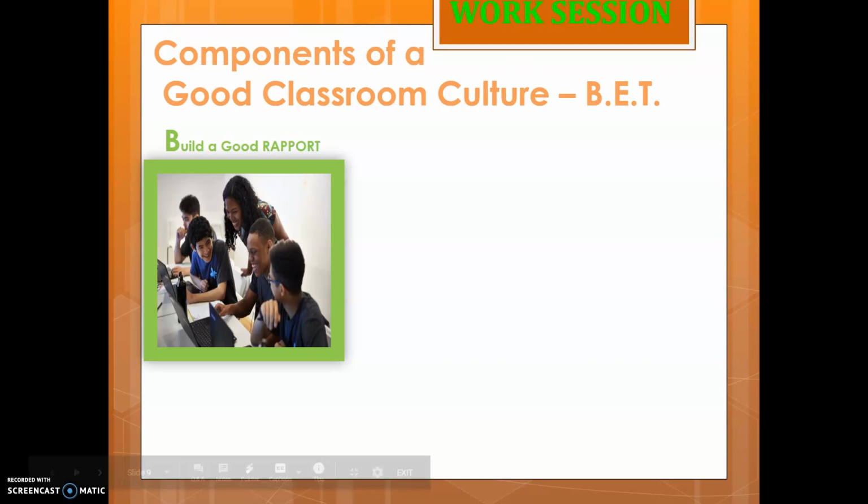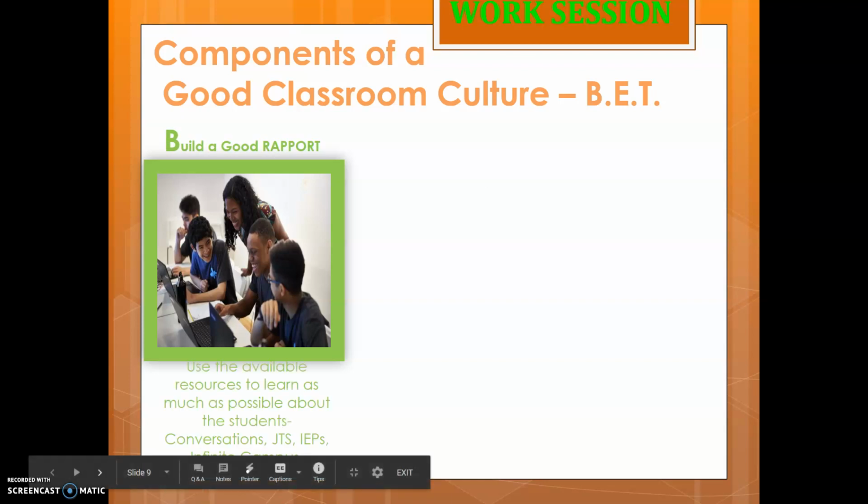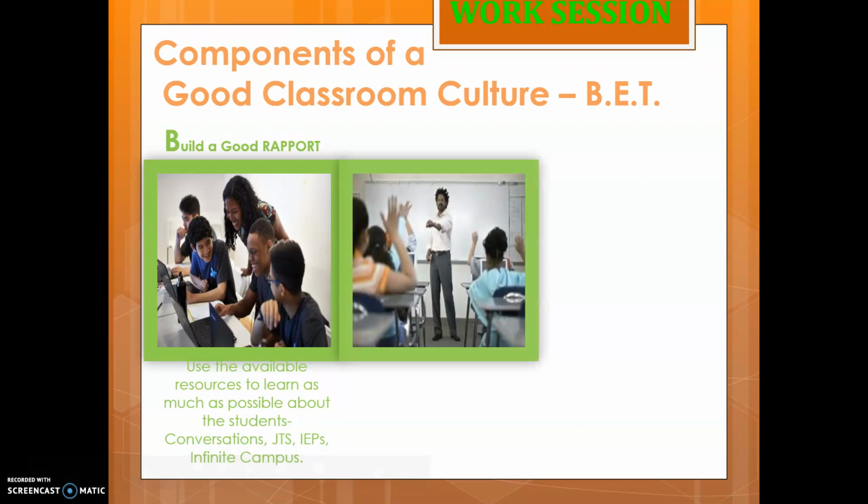In a classroom culture, this is most important. This uses available resources to learn as much as possible about the students. This can happen with conversations. You can look in JTS, look at their IEPs, look at Infinite Campus, look at their achievement history. You want to know your students, who you're dealing with, and ways in which you can help them. What about the E? What does the E stand for in BET?